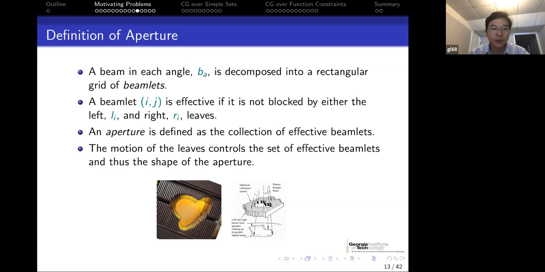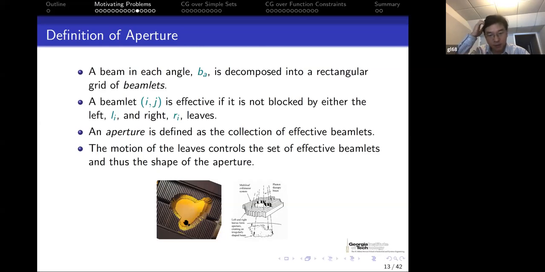If a beamlet is not blocked by either the left leaf or the right leaf on each row of the rectangle, then this beamlet is going to be effective. This beamlet will be applied to the patient since it's not blocked. The aperture is defined as the collection of the effective beamlets. The motion of the leaves in each row controls the set of effective beamlets and hence the shape of the aperture.